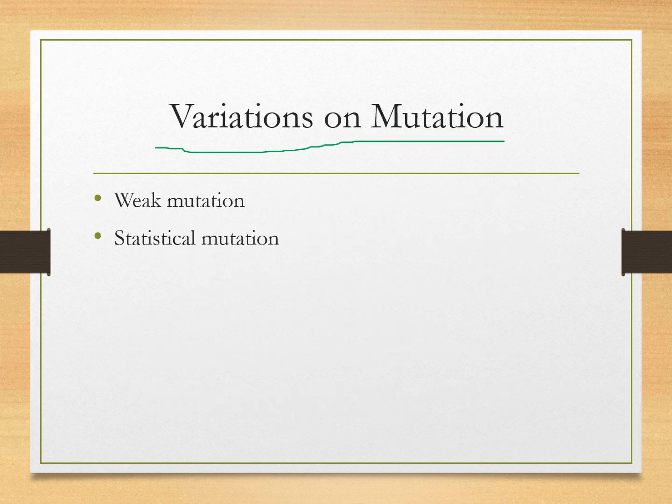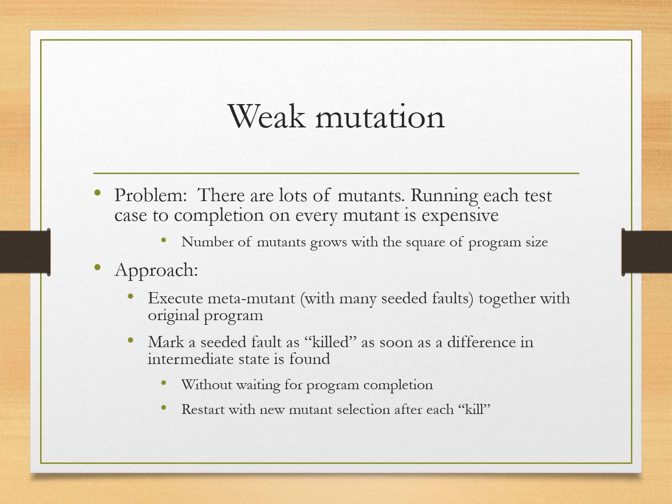Variations on mutation. There are two kinds of variations, weak mutations and statistical mutations. In weak mutation, the problem is that there are a lot of mutants, and running each test case to completion on every mutant is expensive.